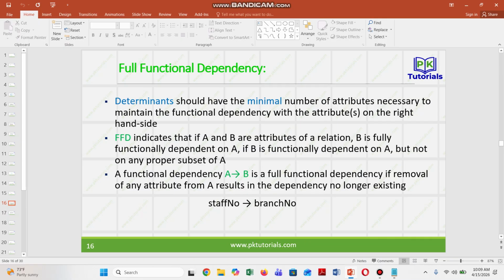We have the concept of full functional dependency and partial functional dependency. Full functional dependency means the determinant should have the minimal number of attributes to maintain the functional dependency.